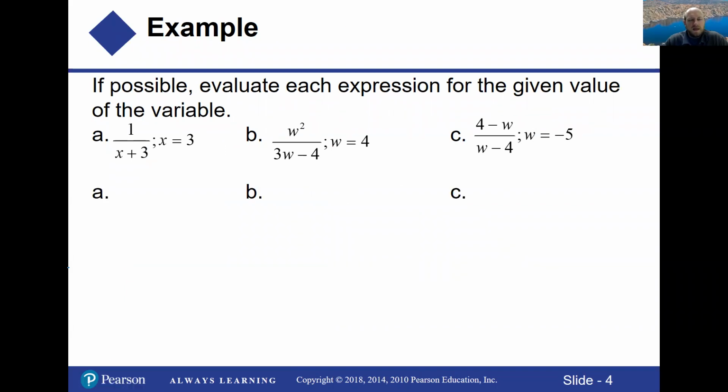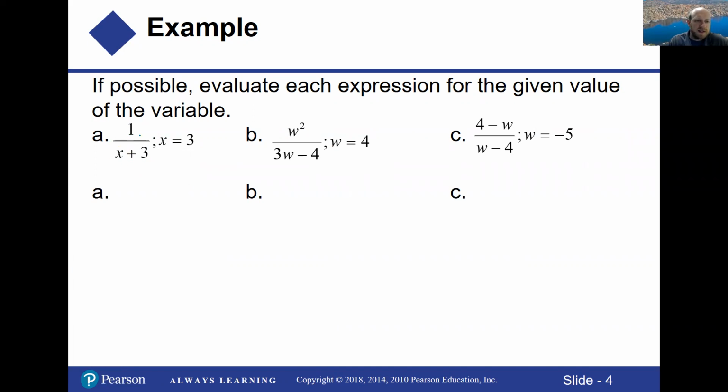If possible, evaluate each expression for the given value of the variable. So these are all rational expressions. They give you a specific value for the variable, and we're just going to substitute that into the rational expression to get a simplified answer, or to evaluate these.